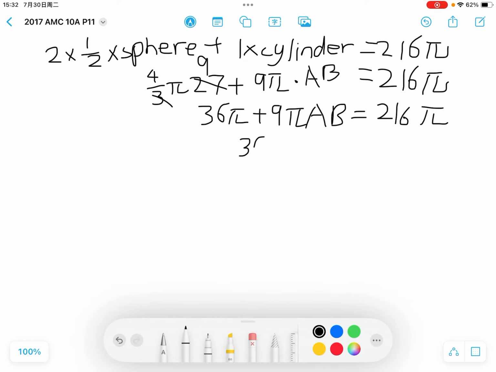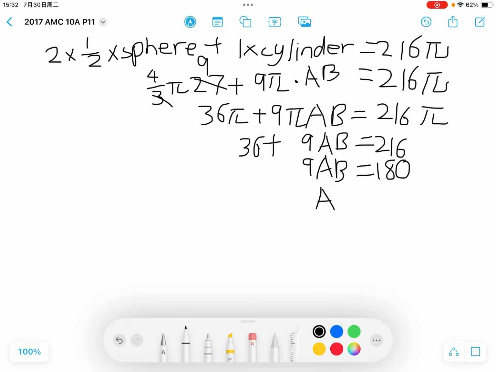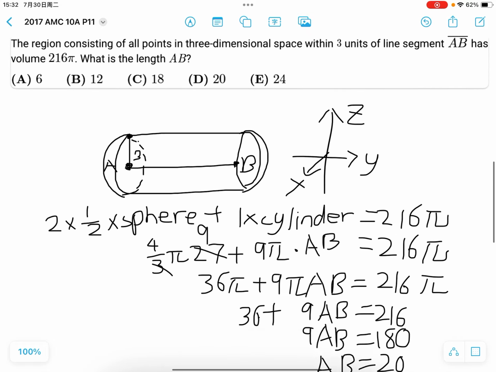Then I'll get 36 plus 9AB is going to be 216. That looks way easier to solve. So 9AB is going to be equal to 216 minus 36, which gives us 180. So we just divide both sides by 9. We have AB is going to be 20. So that's our answer there, 20.